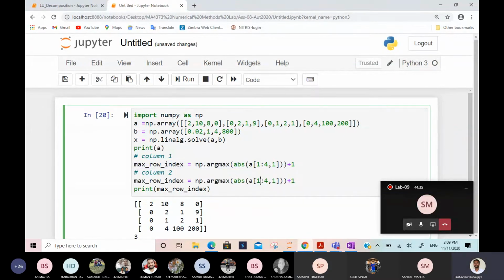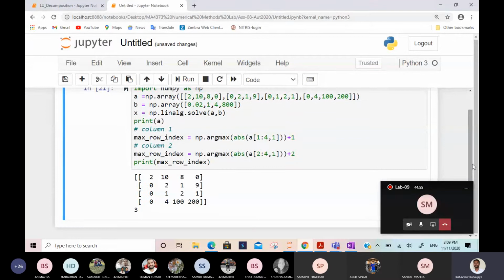Here it will start from 2, so 2 to 4, and here plus 1 will become plus 2, because this 2 I already skipped. So if you run this, it will give the correct answer.